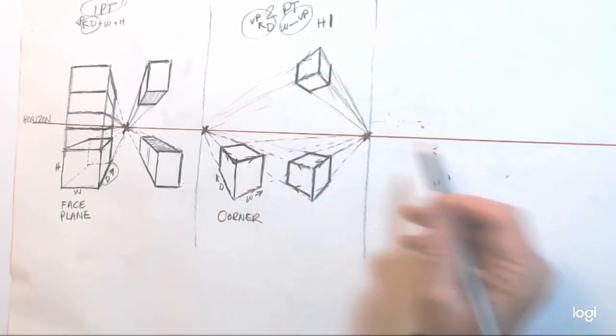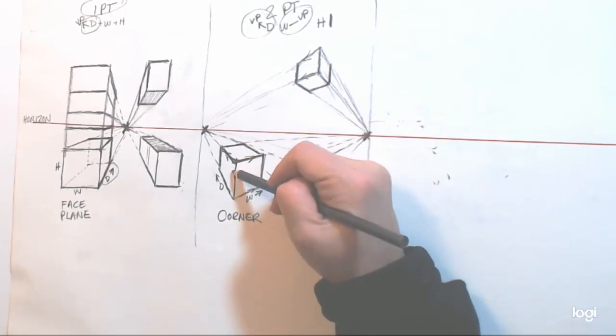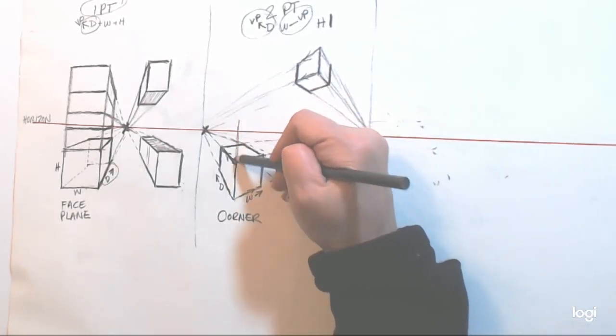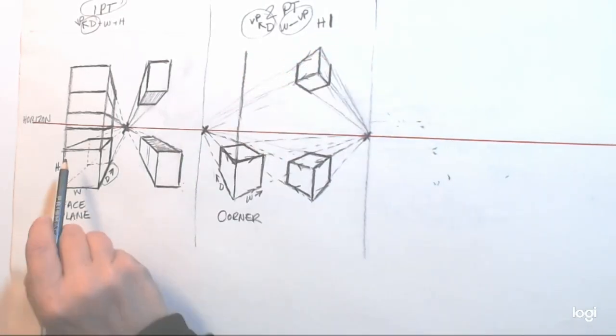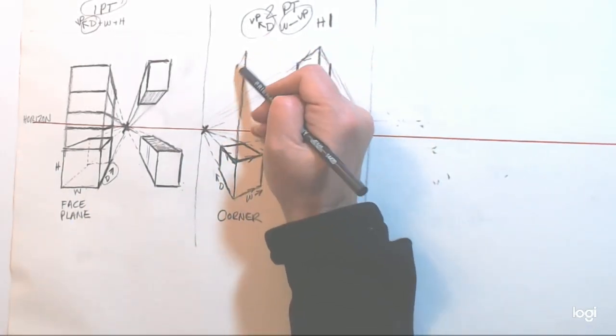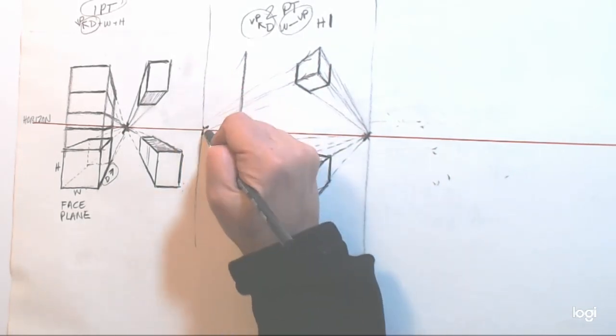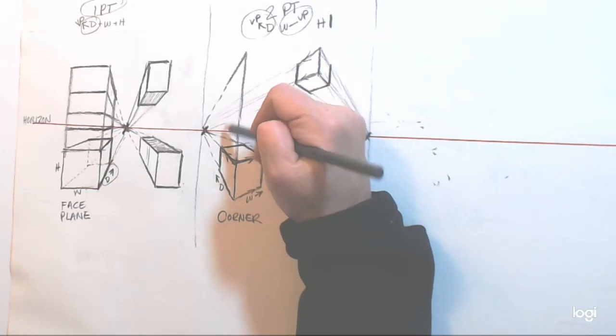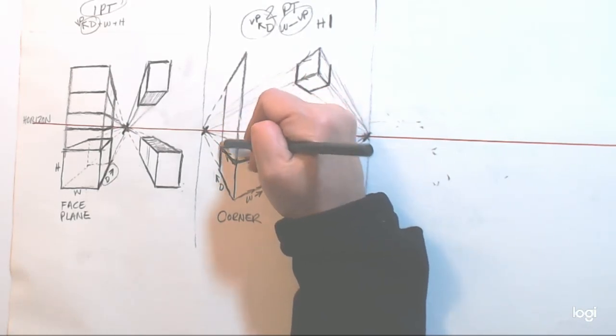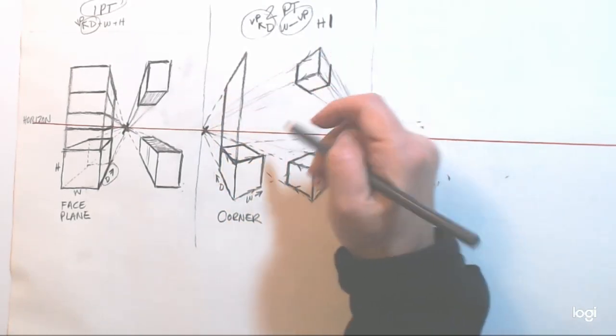Okay. If we draw this to go above the horizon line, okay, it's the same as this. The bottom of our building went to this vanishing point on this side. Vertical is still vertical.